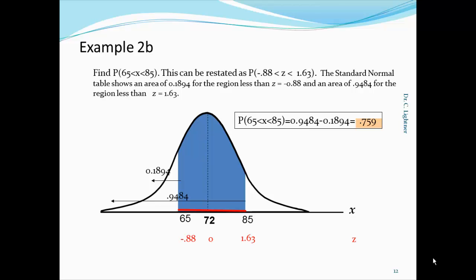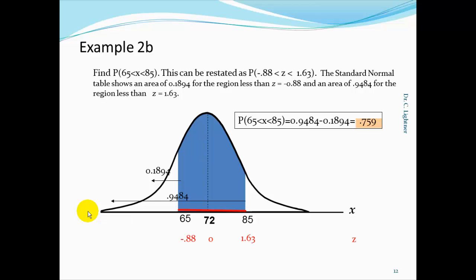If we look these two z-scores up on the standard normal table, we'll find that negative 0.88 has an area to the left of it which equals 0.1894, and the z-score 1.63 has an area to the left of it equal to 0.9484.